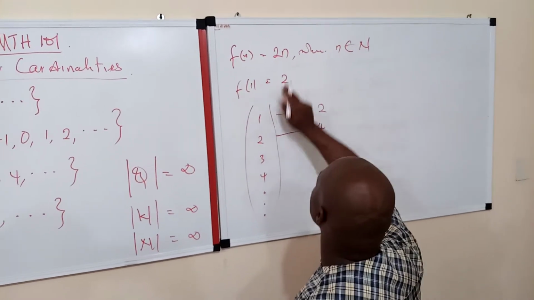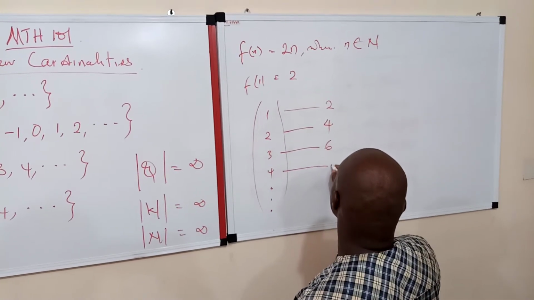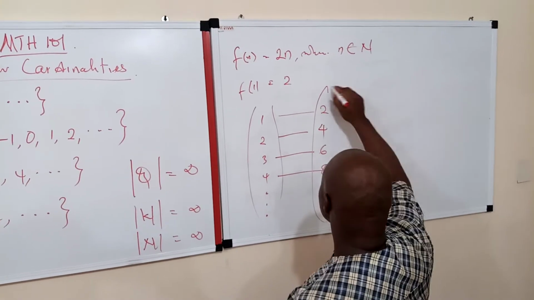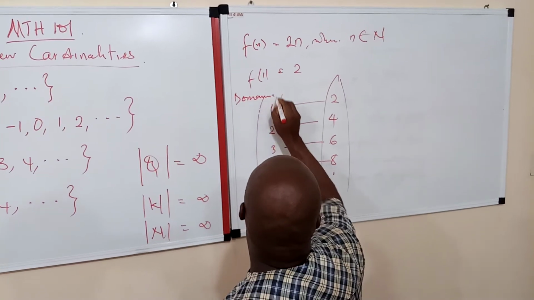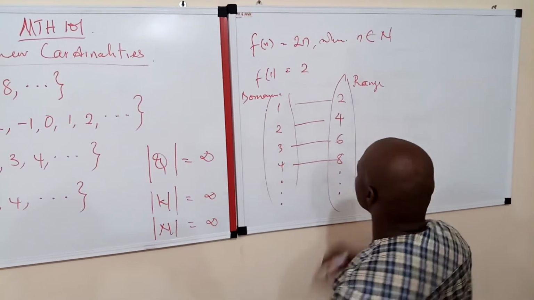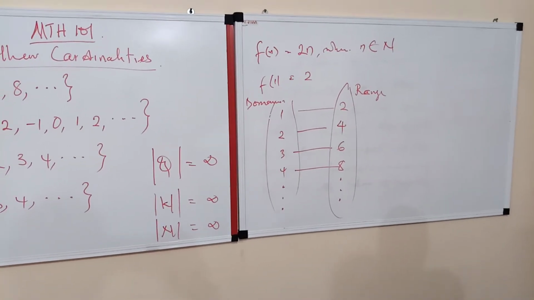When n takes 3, this times this becomes 6. And in like manner, this one becomes 8, and so on. Here we know that these are the domain variables, and here the range variables.